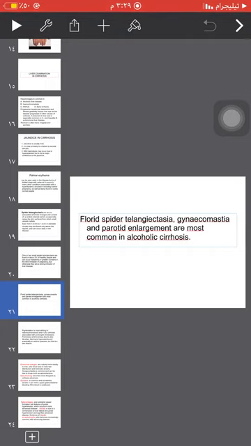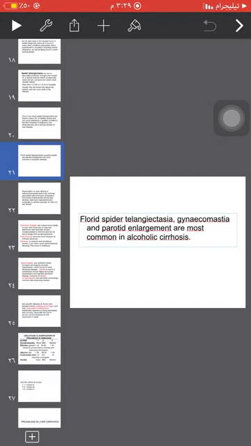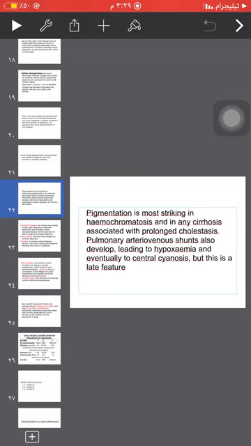Florid spider telangiectasia, gynecomastia, and parotid enlargement are common in alcoholic cirrhosis. بالalcoholic cirrhosis راح يصير عندك هذين الفيتشرز. Pigmentation is most striking in hemochromatosis and in any cirrhosis associated with prolonged cholestasis. راح يصير عندك cholestasis obstruction ويصير hemochromatosis اللي هو accumulation of the iron in the body.